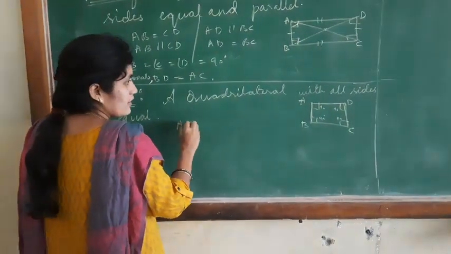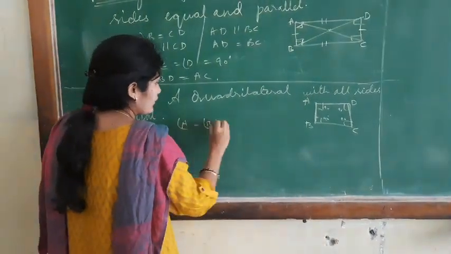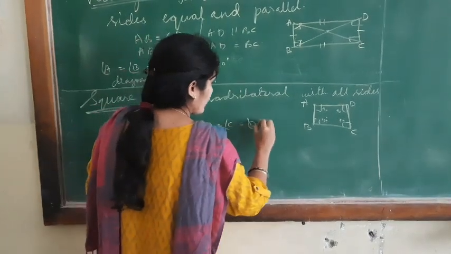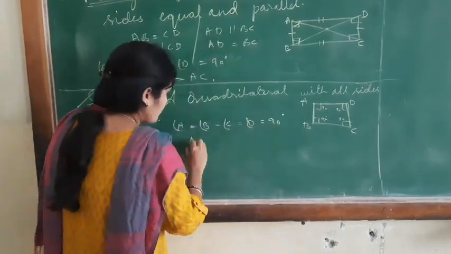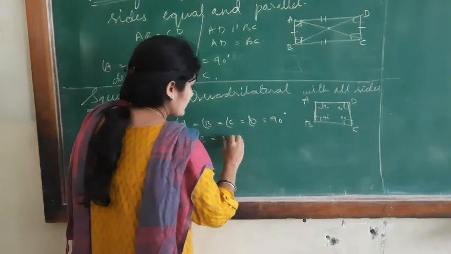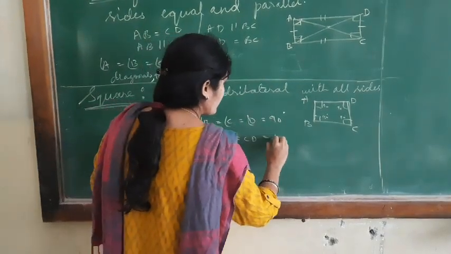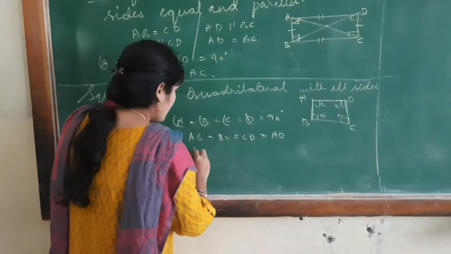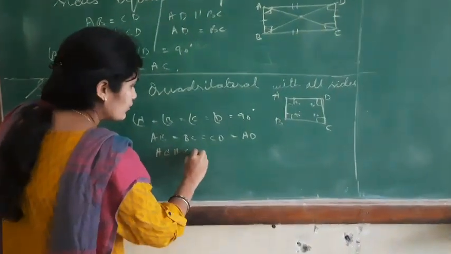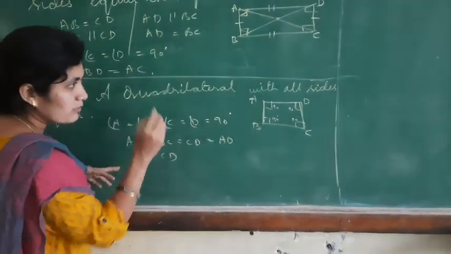That is, A equal to B equal to C equal to D. All are 90 degrees. AB is equal to BC equal to CD equal to AD, and AB is parallel to CD. Opposite sides are parallel.